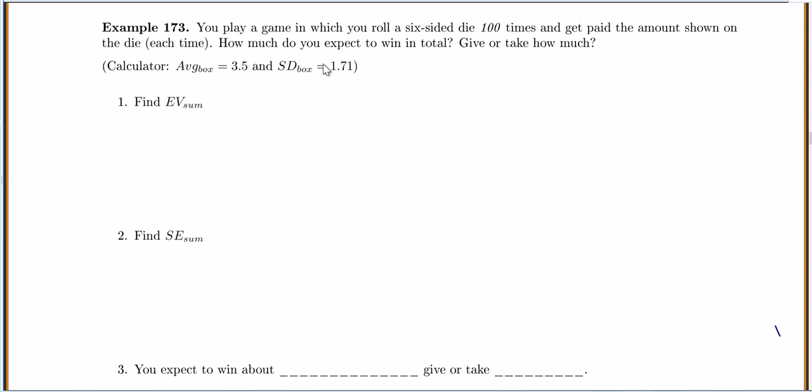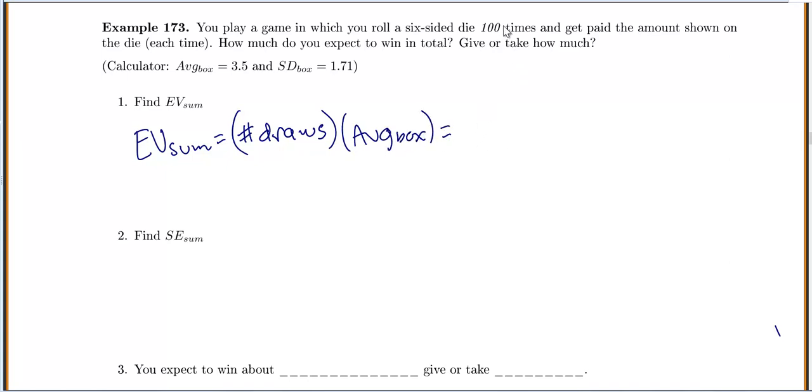Okay, number one, find the expected value of the sum. So expected value of the sum is equal to the number of draws times the average of the box. Number of draws, we're doing it 100 times, so 100 times the average of 3.5, so 350.